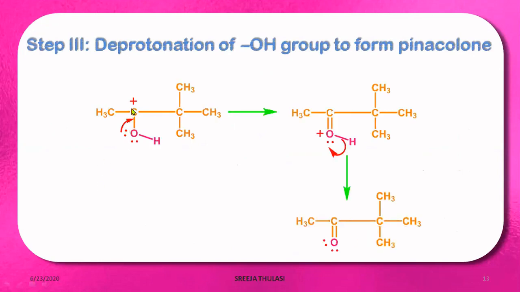That is, in order to stabilize this carbocation, this lone pair is donated between carbon and oxygen, thereby attaining a double bond. Oxygen attains a positive charge. In order to alleviate this positive charge, H leaves as H+, and we will get the pinacolone as a result.